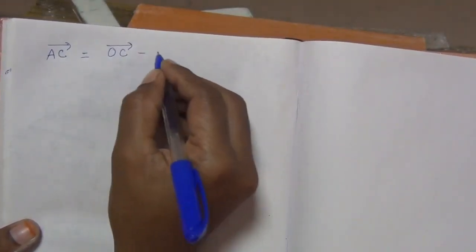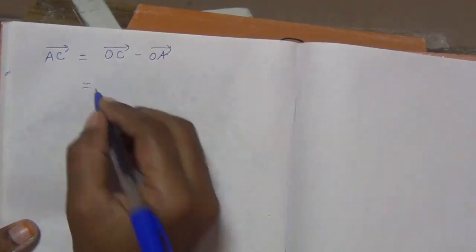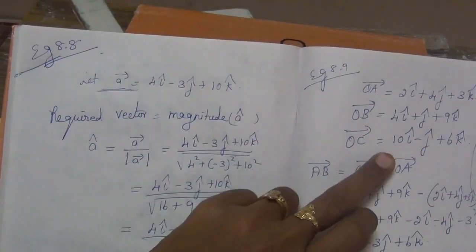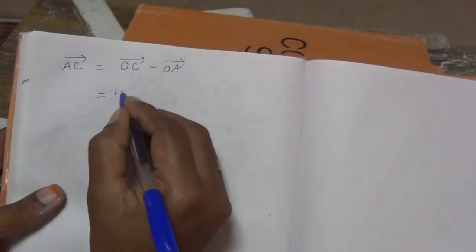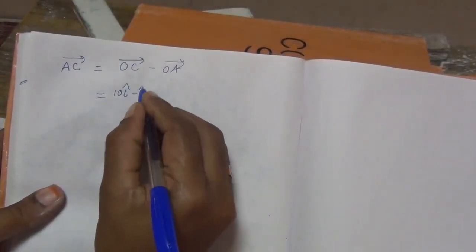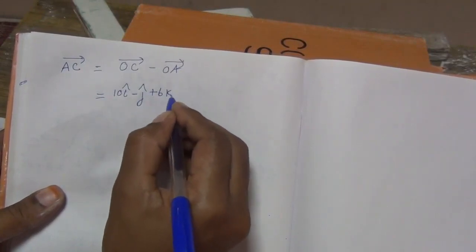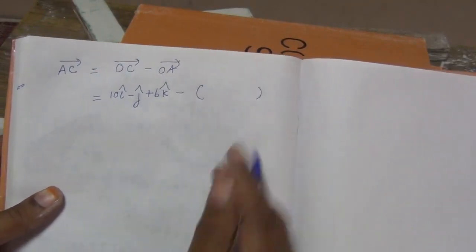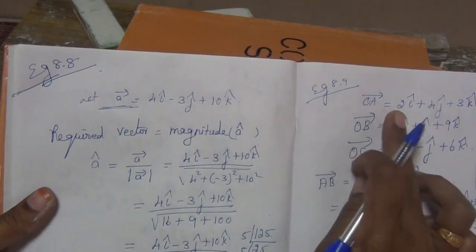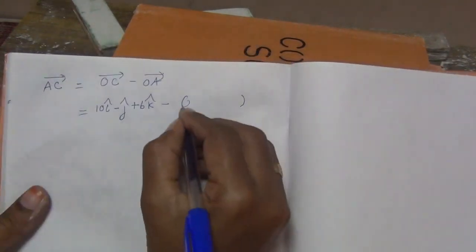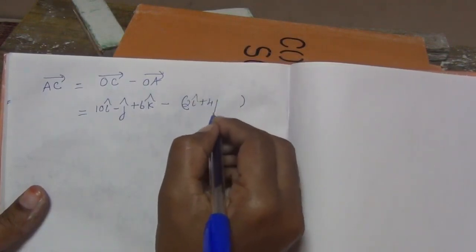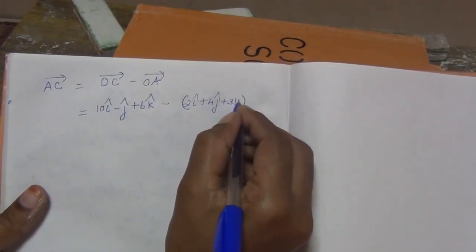AC vector. AC vector is OC vector minus OA vector. OC vector is 10i cap minus j cap plus 6k cap, minus OA vector. OA vector value we know, 2i cap plus 4j cap plus 3k cap.